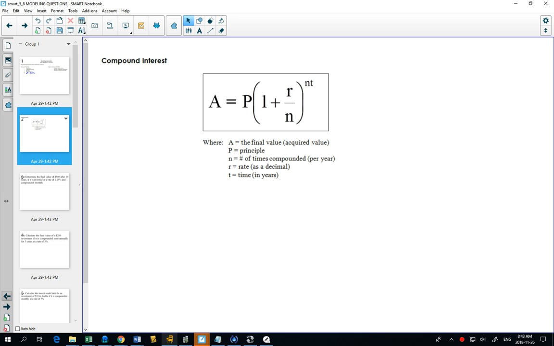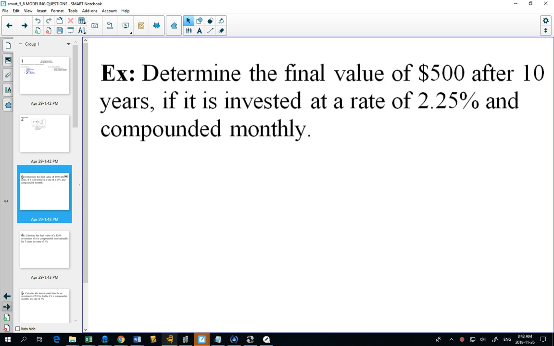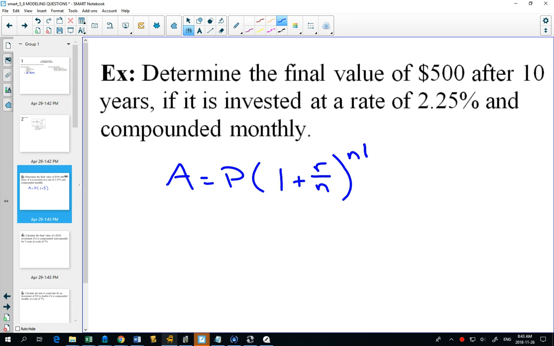So you have your formula, you read what everything stands for, and here we've got final value of $500, so I'll write out the formula above. $500 is your initial investment, that's your principal.